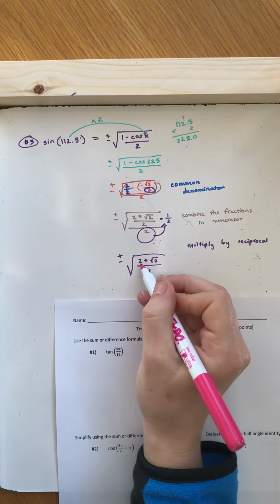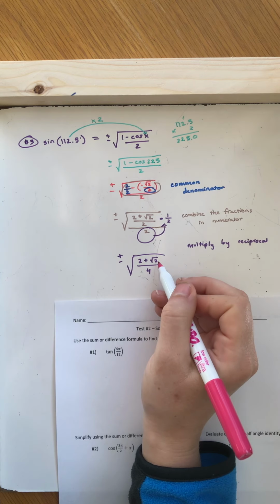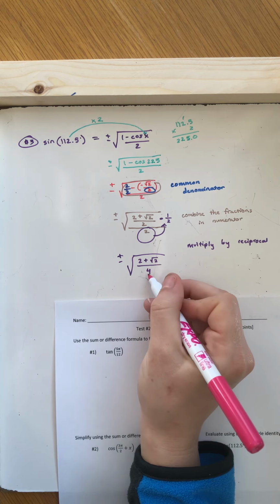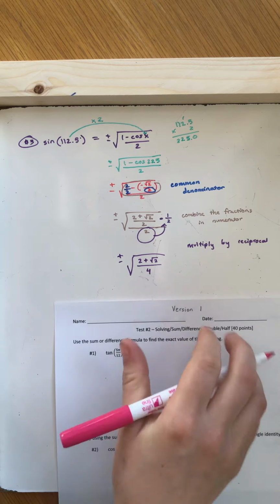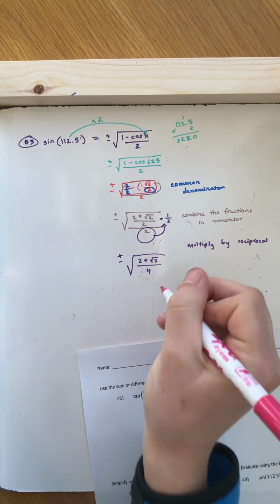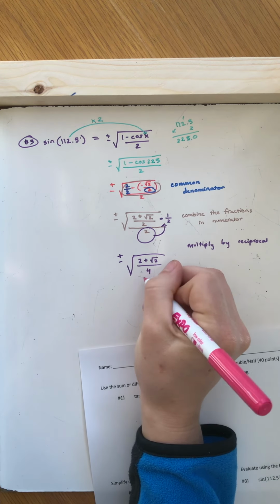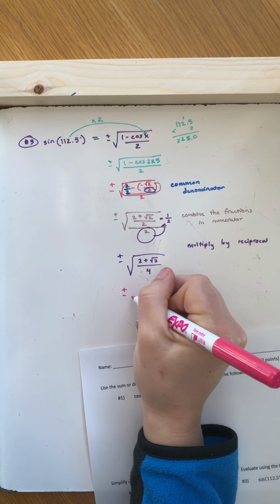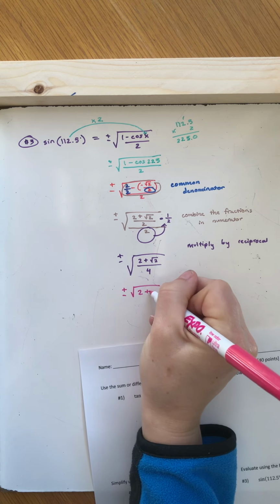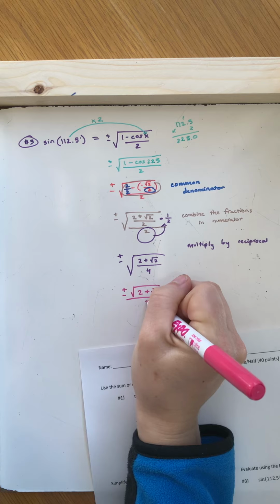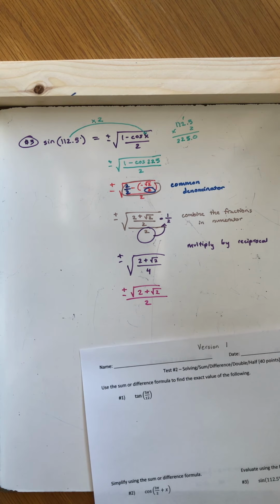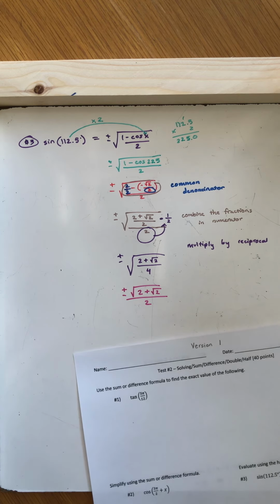Now, we don't know what the square root of 2 plus square root 2 is. You can just leave that alone, but we do know what the square root of 4 is. The square root of 4 is 2. And we just need to decide if it's positive or negative. So you go back to your original angle.